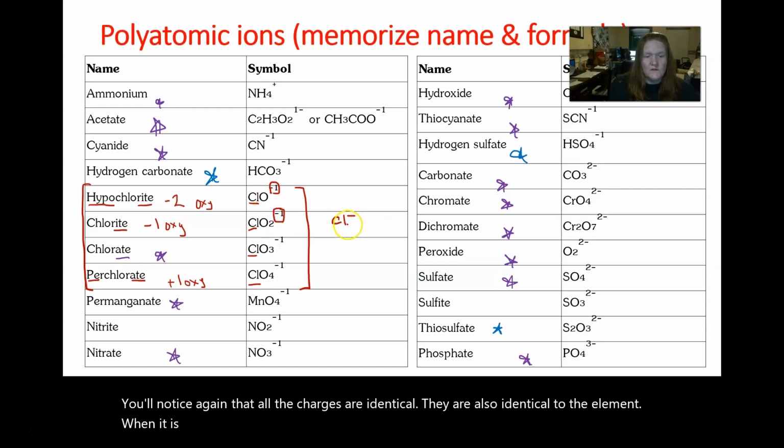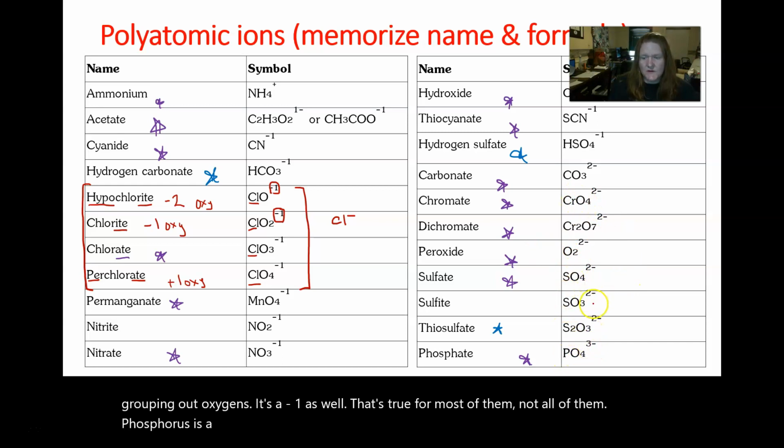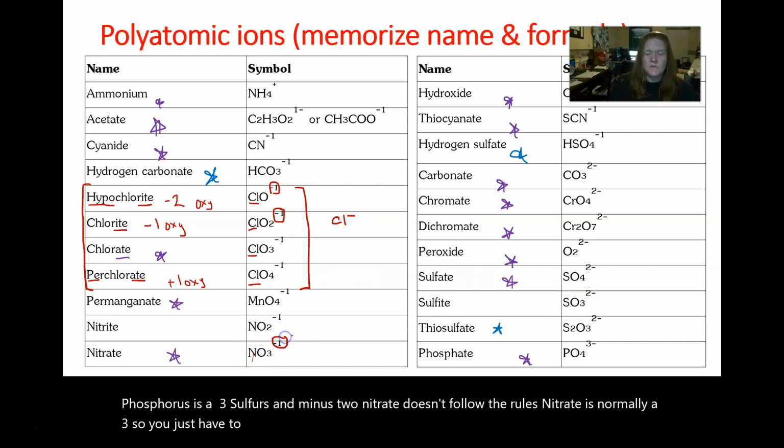So chlorine is a -1 charge on the periodic table, and its polyatomic group, when you add oxygens, it's a -1 as well. That's true for most of them, not all of them. Phosphorus is a -3, sulfur is a -2. Nitrate doesn't follow the rules. Nitrate is normally a -3, so you just have to remember this charge. But some of them you can get off of the periodic table.